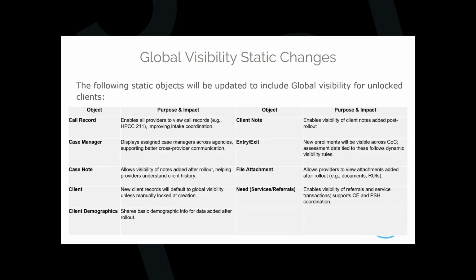So if you have issues with running reports or pulling all the information into a report that you can visually see in HMIS, more than likely it is due to that data being at a level lower than where you're sitting. And again, data flows down, it does not flow back up. So if it's at a level 3, it's not going to go back up to a level 2. That's why all data should be entered at that level, the level 2, so it can flow down to the projects.